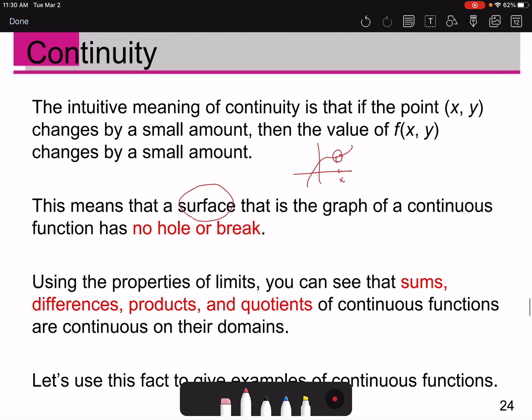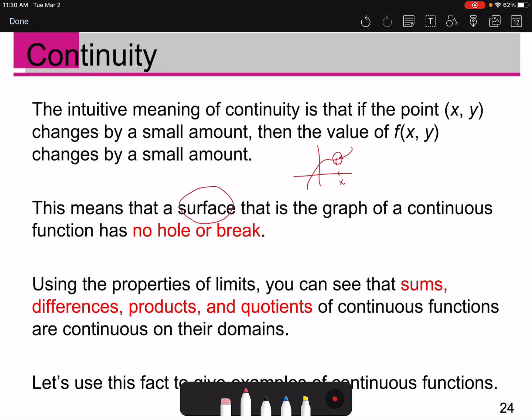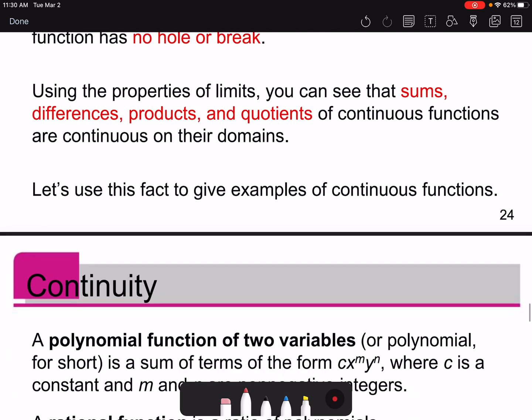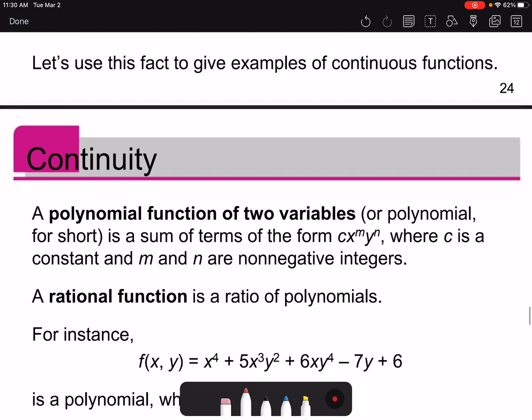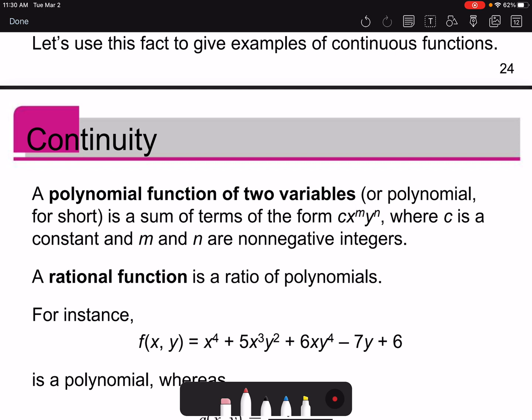So following the limit properties, sums, differences, products, and quotients of continuous functions are continuous on their domain. As usual, the polynomial functions of two variables are all continuous.